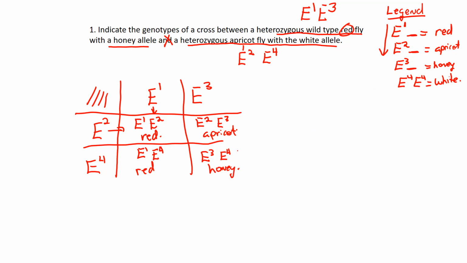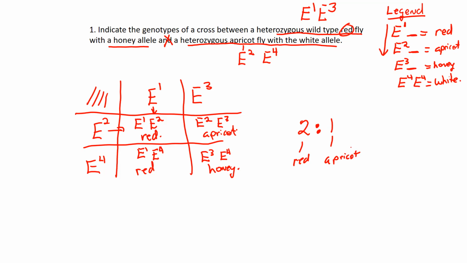Okay, and then all we have to do now is indicate the genotypes. Well, let's just do a ratio. It doesn't look like the question is asking for it, but we're going to do the ratio anyway. So if we count up the reds, we're going to have 2 reds. Use our ratio here. 1 apricot. A lot of people will ask, well, what should come first, the apricot or the honey?